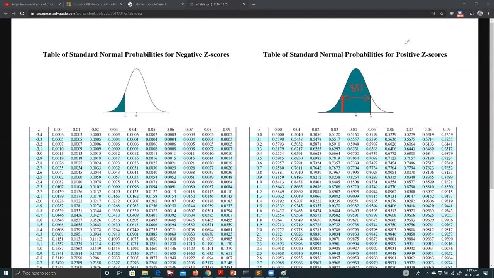Very good. The simple idea is, let's say this is 90% of the area, and you can subtract the 10% of the area, this lower part. Wouldn't you get the middle 80%?